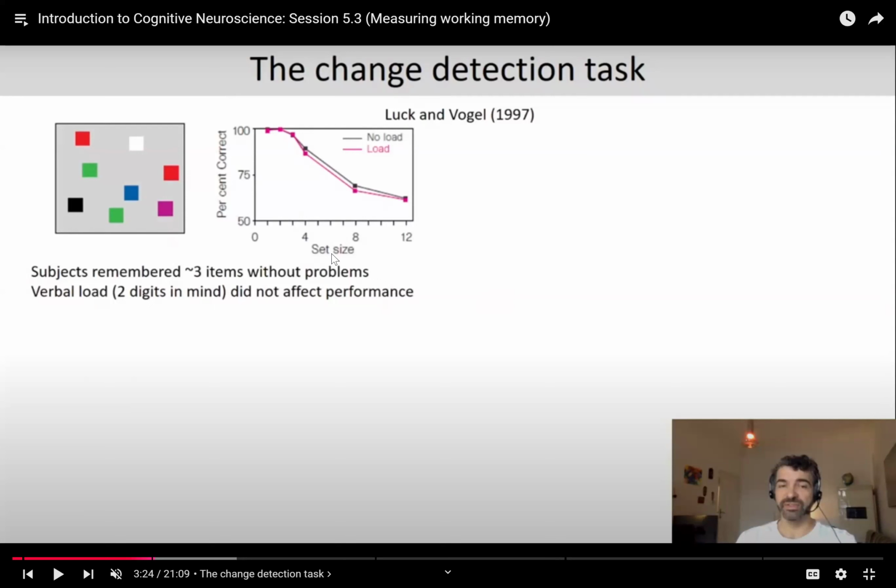But the idea is that as the set size, and we saw this term used before, as the number of objects increases, the accuracy of people decreases. You could see that up to, let's say, 4 objects, people are pretty good. Then when you go to 8, it drops. And even with 12 objects, people are not at chance level, as you can imagine, but it's around 60%.